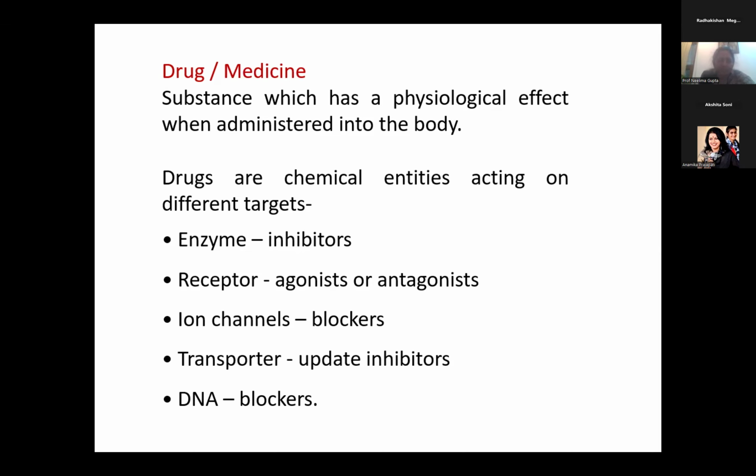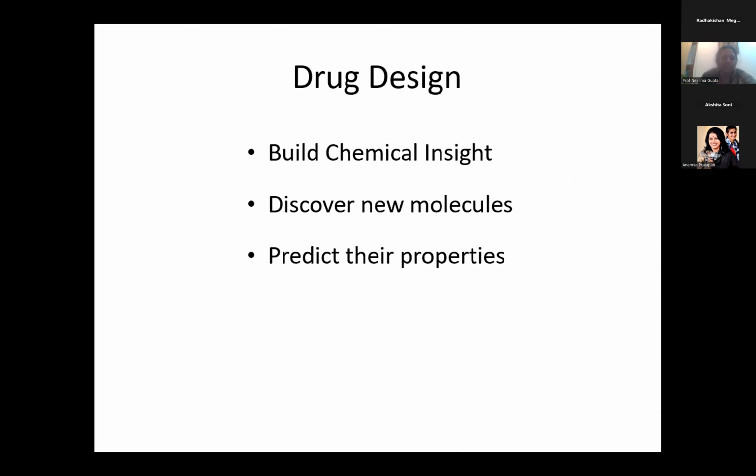And different types of biomolecules in our body may need a chemical entity known as drug to act as what I just said, act as enzyme inhibitor or DNA blocker or ion channel blocker or similar things.